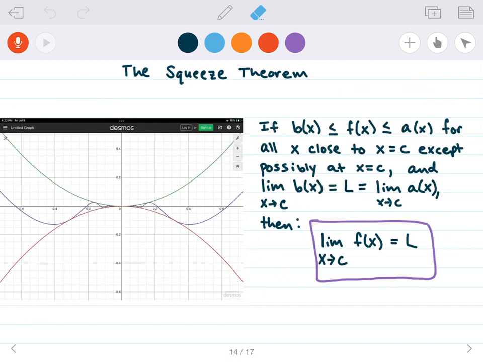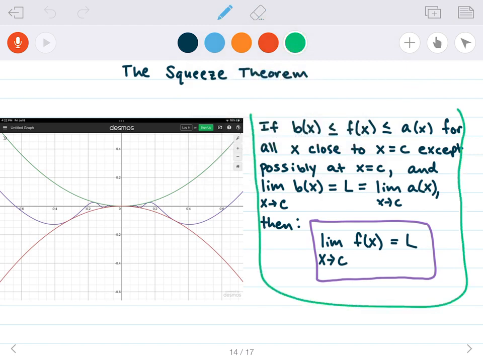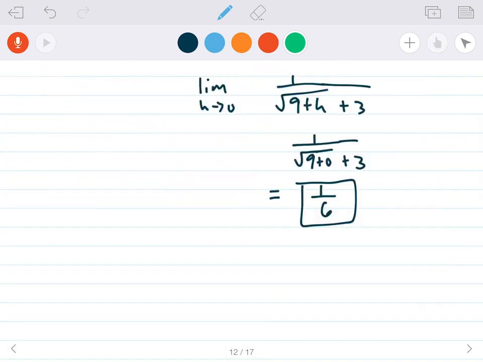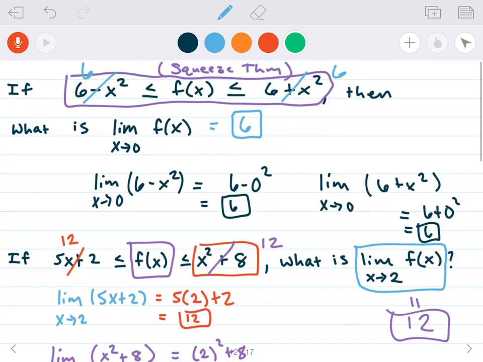Okay, here is what the squeeze theorem actually says, and we're going to go into detail with this. The squeeze theorem says that if we have a function squeezed between two other functions, and the limit of the two outer functions is the same as x approaches some value, then that's the limit of the middle function, just like we saw for the top example.